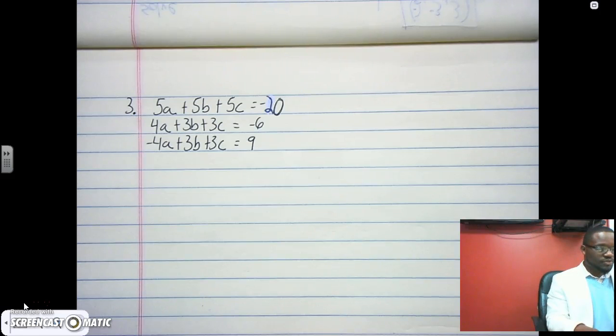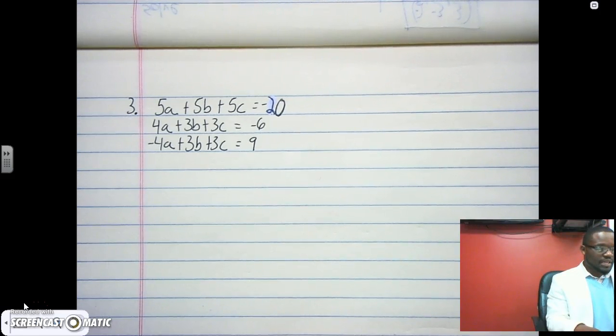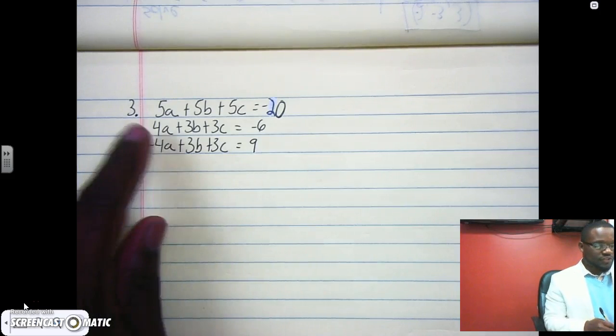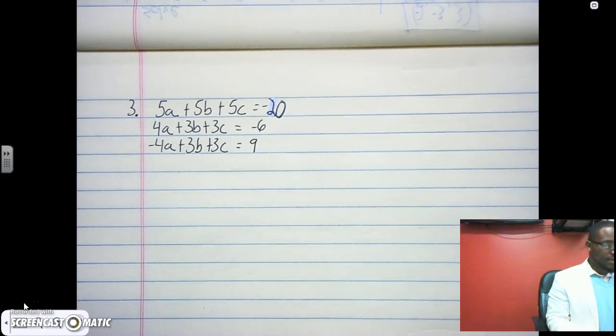I'm going to choose to eliminate, let's go ahead and eliminate a. And if I eliminate a in these first two, what I'm going to have to do is multiply this top equation by negative 4 and this bottom equation by 5.